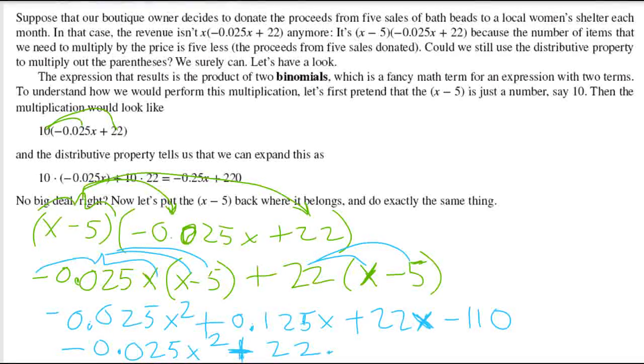22 plus 0.125 is 22.125x minus 110. And that was actually revenue.